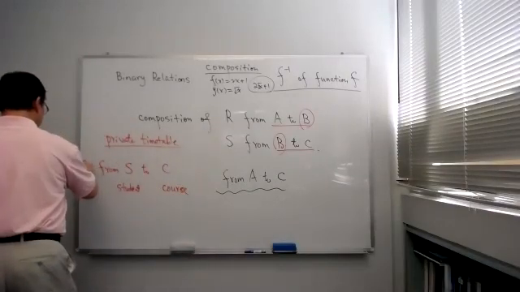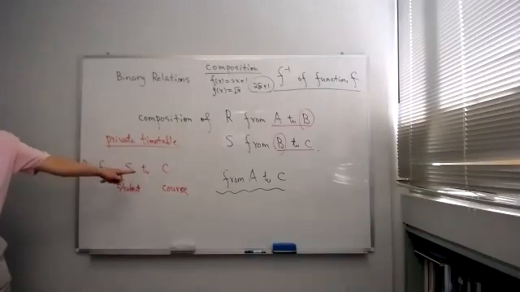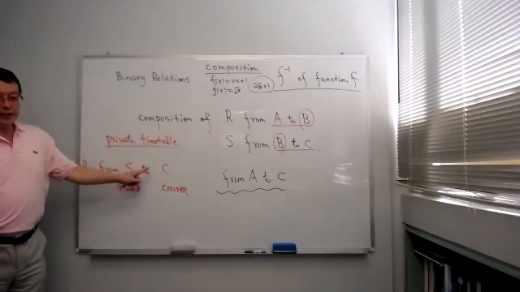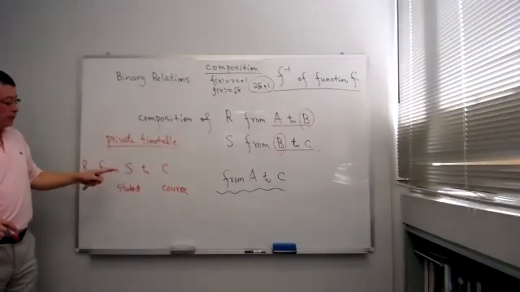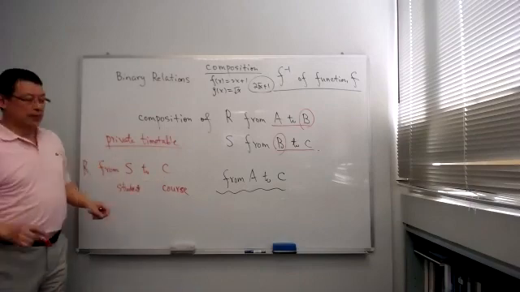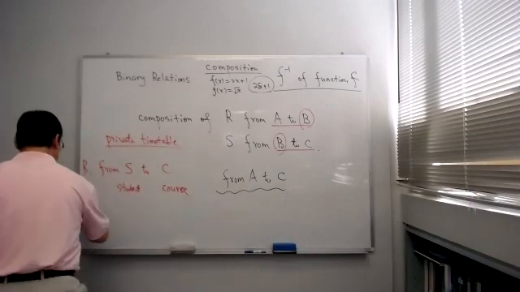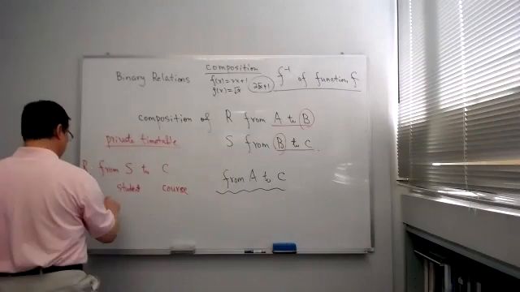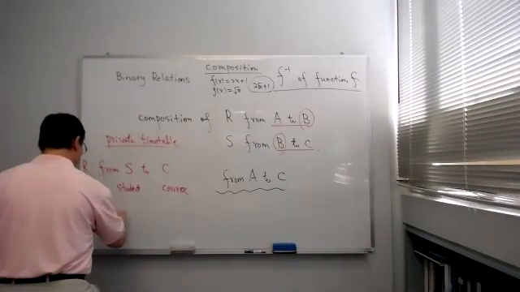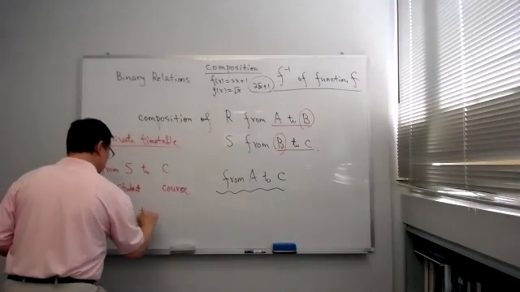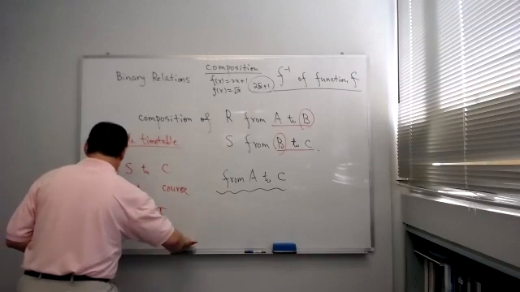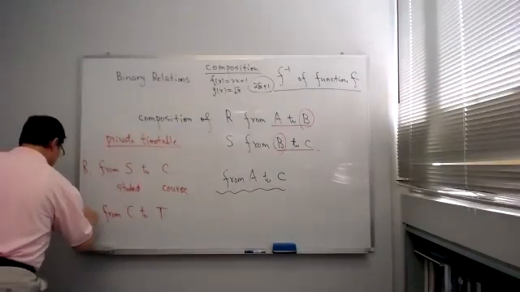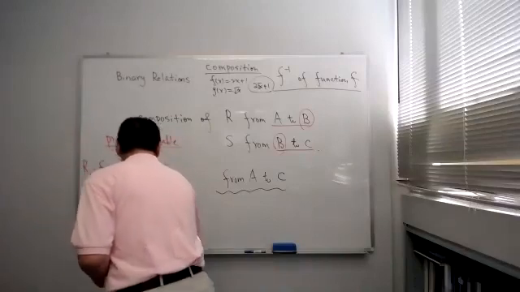The first relation is, for each student, the courses taken. So there is a relation from students to courses. And there is another relation, the timetable for courses, a time slot, so maybe I use S. So here is the time slot.